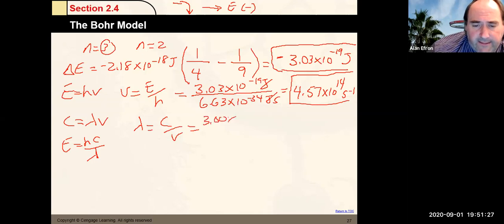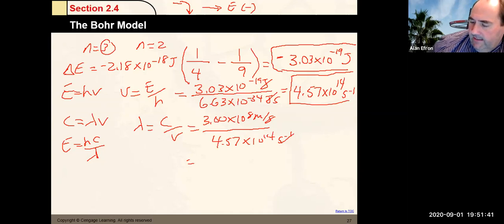So 3 times 10 to the 8 meters per second, and our frequency of 4.57 times 10 to the 14 reciprocal seconds, seconds going to cancel. And we will end up with 6.57 times 10 to the minus 7 meters.